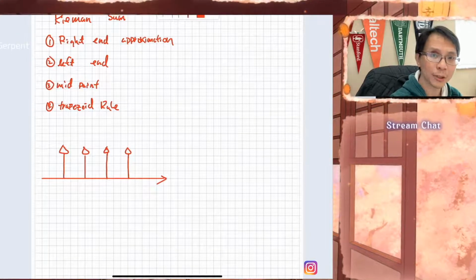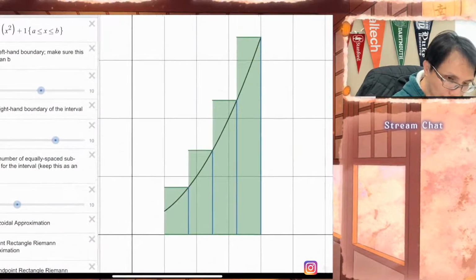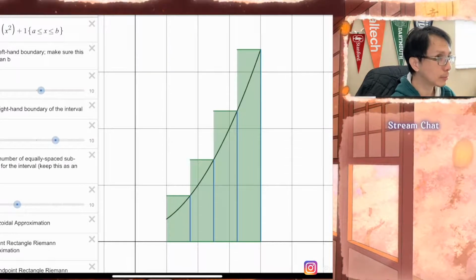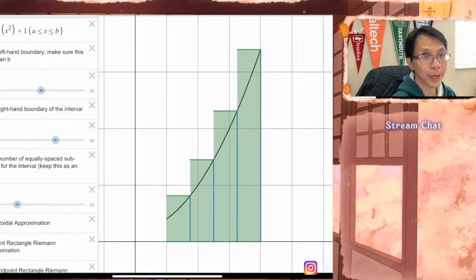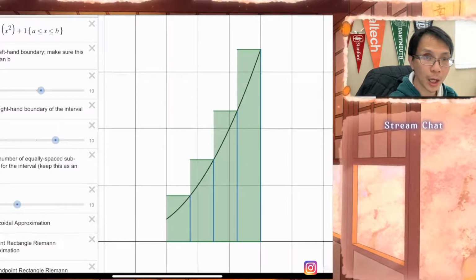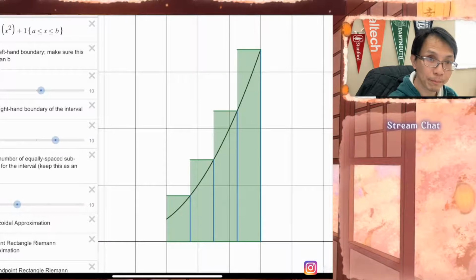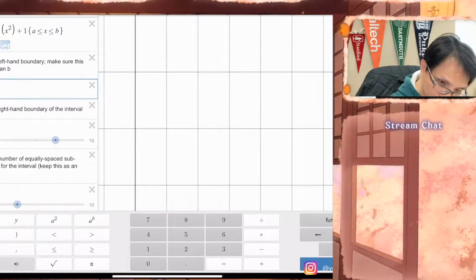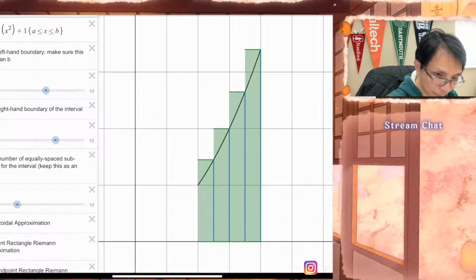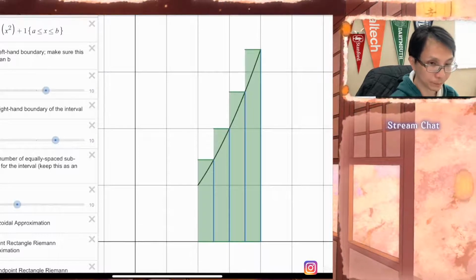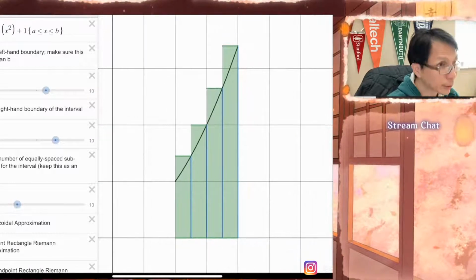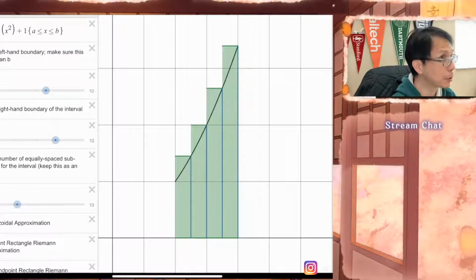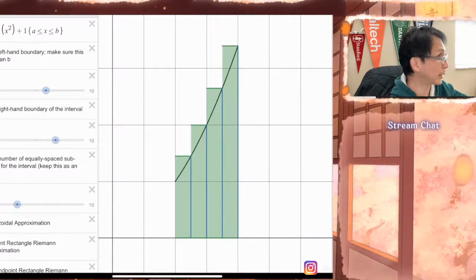Okay. So now let's go back to look at this. If you have 4 rectangles, now very important, we are using the values between, let's just say, between 2 and 4. So we are approximately finding the area between 2 and 4, using 4 equal rectangles.